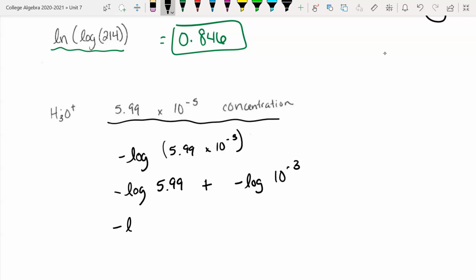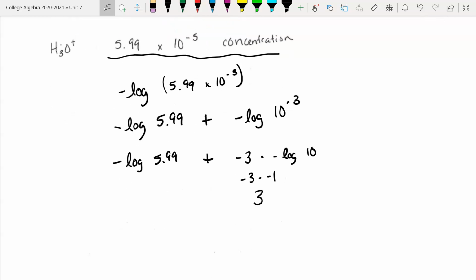All right, so I have negative log of 5.99 plus, this would be negative 3 times negative log base 10, which is like saying negative 3 times negative 1, which is like saying 3. Because log has a base of 10, right? So now I would type it in my calculator, negative log of 5.99, press enter, and I'm going to add 3 to my answer. So I should get 2.22, somewhere around there.